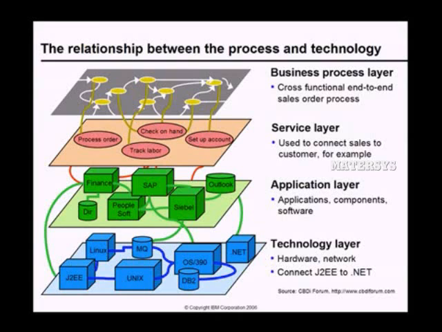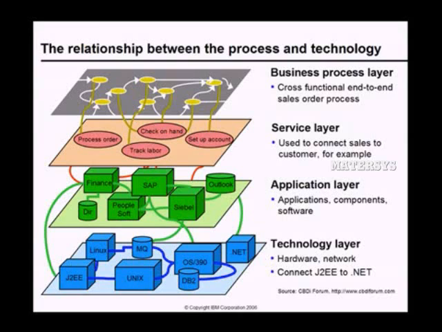Now, this is a good interface between the process and the technology, because as we're defining our business process model, we define the flows, we define the work, we define who's doing it, and at that point where we need to call on some technology, we call on a service to do work for us, in this case process an order or set up an account.